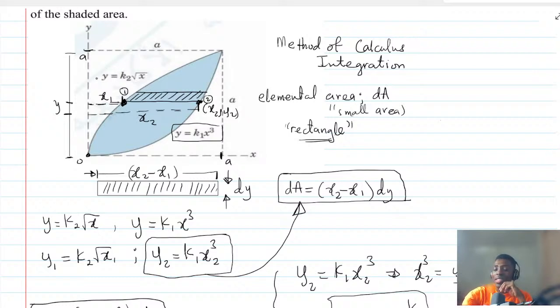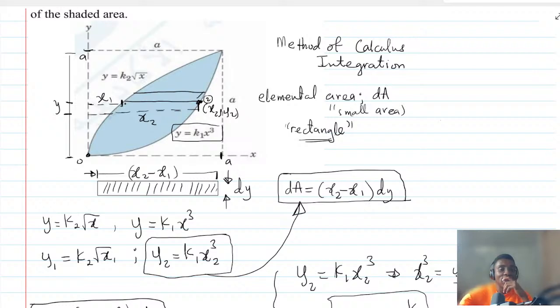We want to try and see if we can find our way to the center of this figure. So this area here, can we come all the way to the center? Let's say the center is here. Now don't forget that this is x1 and this is x2, but we want to find the center, which will divide this area into two along the x. So that is what we are after.